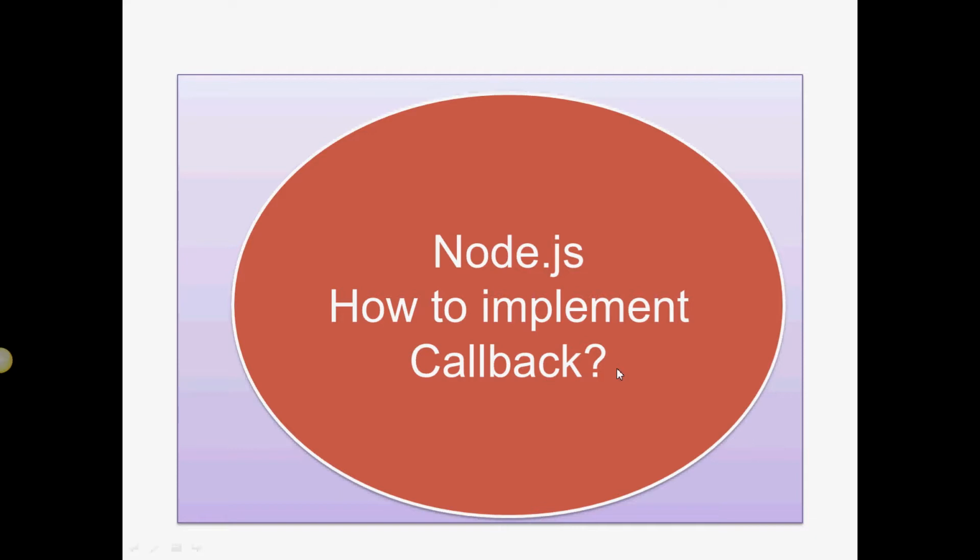Suppose you want to read a file. You start reading the file and there will be a callback. That callback function will be invoked as soon as the file reading is done. In the meantime, your program switches to the next statement.